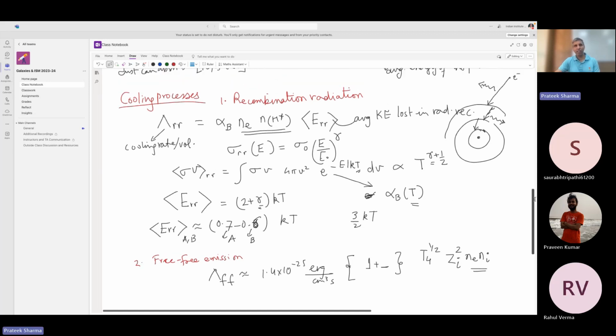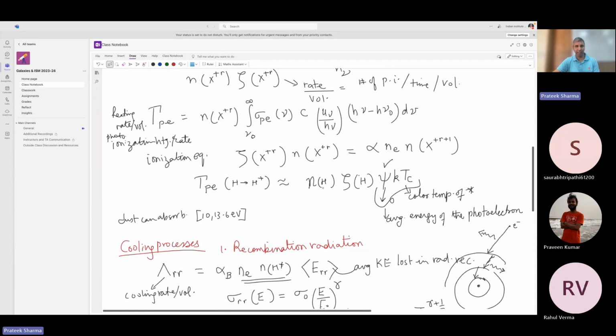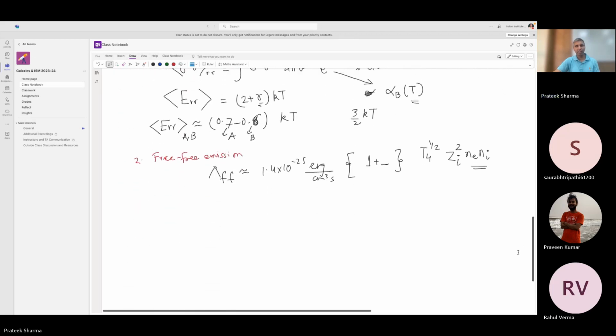Whereas photoionization is not n_e n_i inherently, but in ionization equilibrium, this is nothing but alpha n_e n_(x+1). So this also becomes n squared, because in equilibrium, recombination and ionization balance each other. Okay, so this is free-free emission.